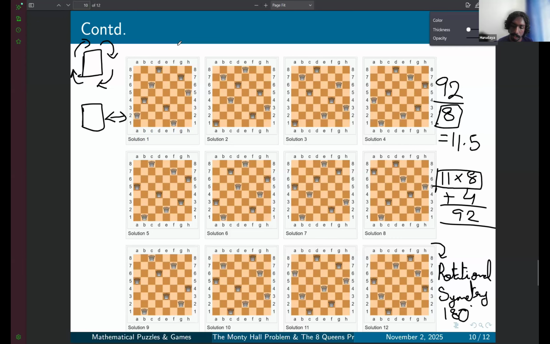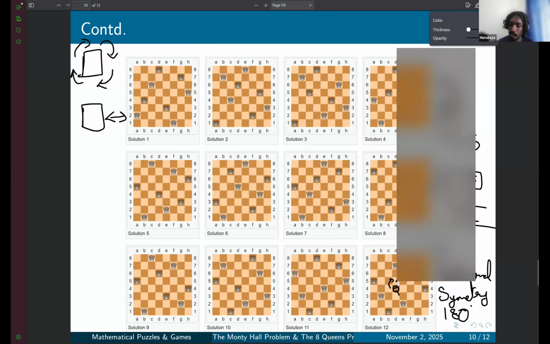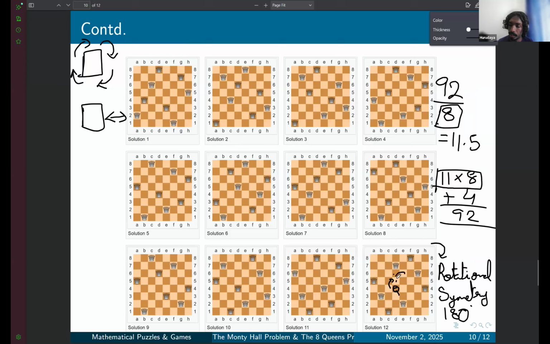If there had been a queen here, every time I rotate, you would have gone here, and then here, and then here, so every time we just get a new position. So the fact that a queen isn't on the diagonal is what helps us do rotational symmetry. Otherwise we'd need a queen here and a queen here, which is not possible, or a queen here and a queen here, which is not possible.